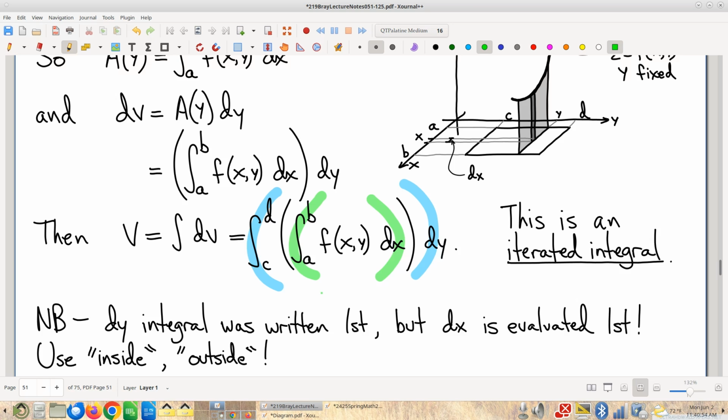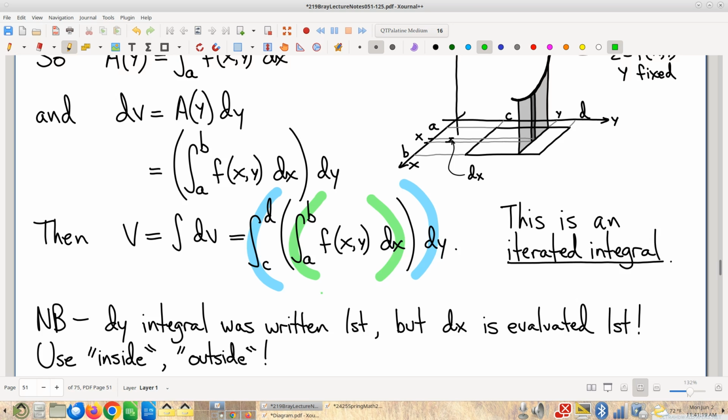When we started writing stuff down, the dy integral was the first integral we wrote down. The very first thing we wrote was V is the integral dy of cross-sectional area. And then subsequently, we argued that cross-sectional area is computed with this dx integral. So from that point of view, dy is first and dx is second.